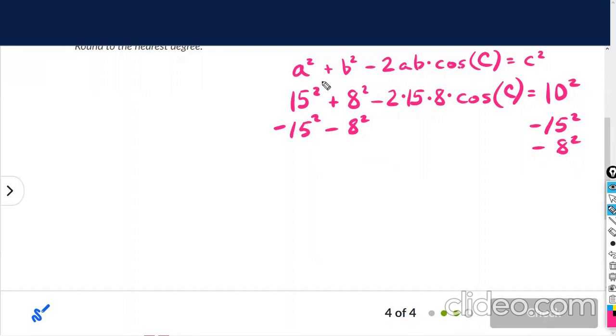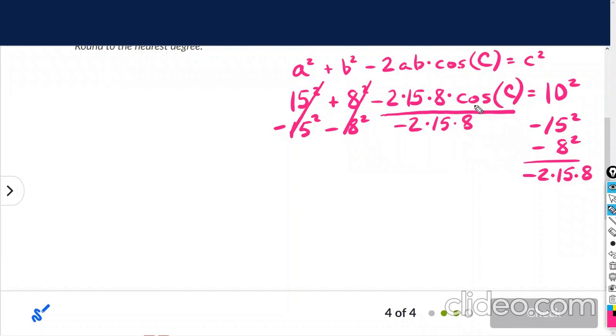Cancels here, cancels here. And then I'm going to divide both sides by this multiple right here. So I'm going to divide by -2 times 15 times 8, and divide this whole thing by -2 times 15 times 8.